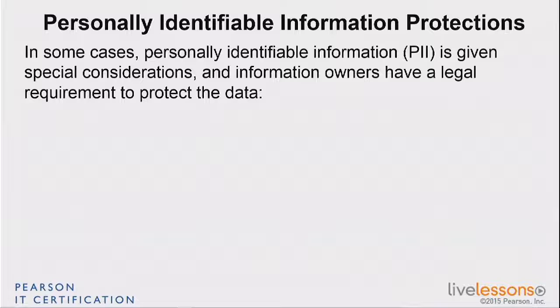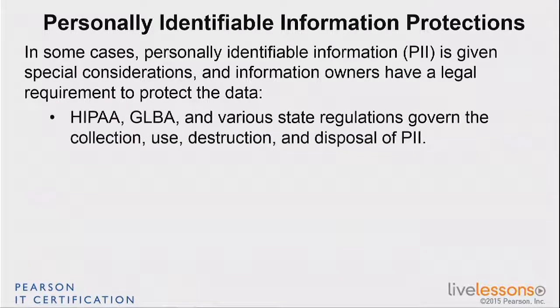So, personally identifiable information protections. In some cases, personally identifiable information, PI, is given special consideration and information owners have a legal requirement to protect the data. HIPAA, GLBA, and a variety of state regulations govern the collection, the use, the destruction, and the disposal of PII, as well as breach notification.